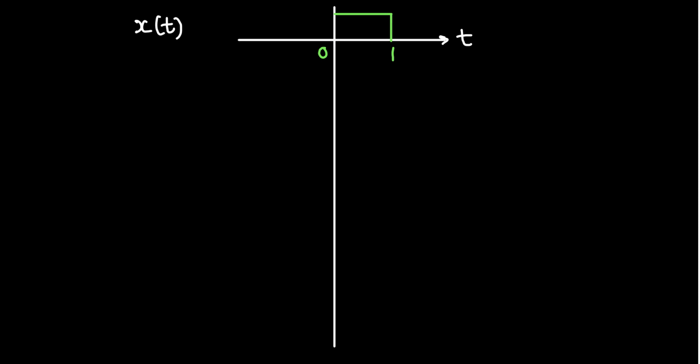Then in order to express this signal into its even and odd component, first we need to define x of minus t. And as we have seen, x of minus t is simply a flipped version of this signal. So this appears to be something like this. If we simply flip this signal, this would look like this. Let the amplitude be 1. So it is defined from minus 1 to 0.